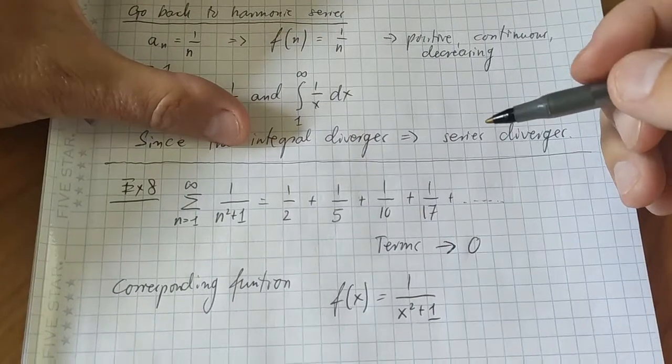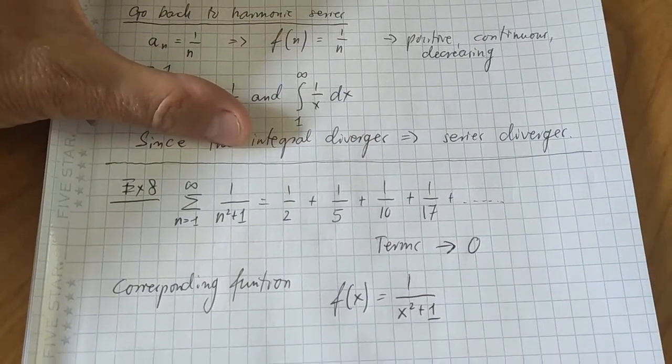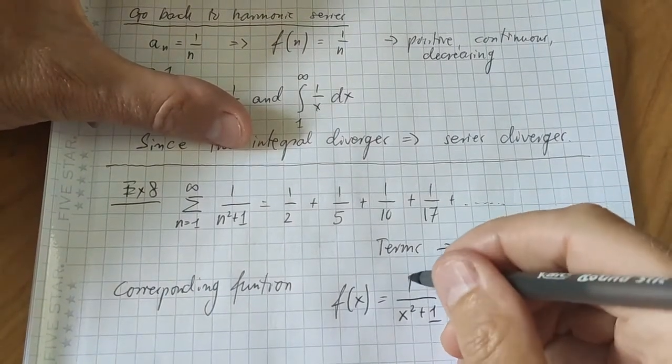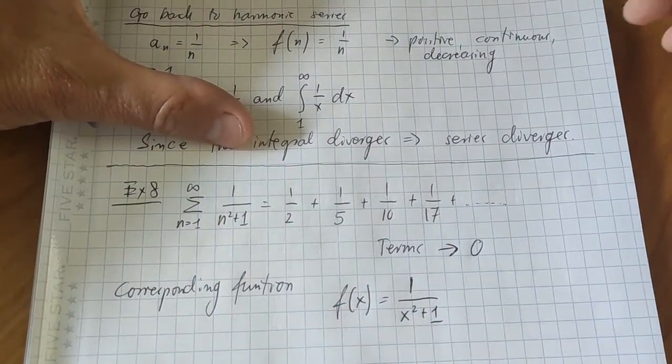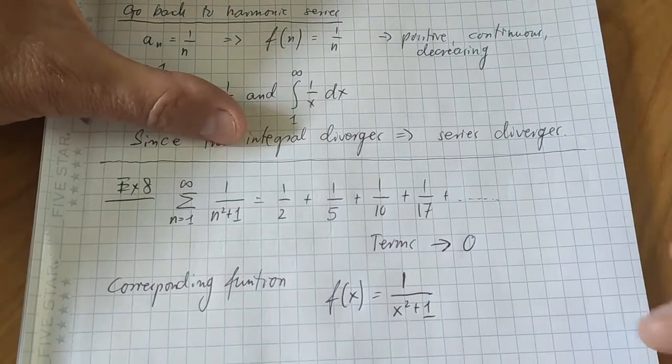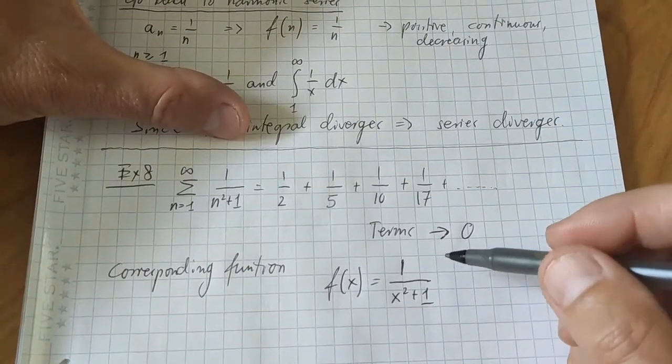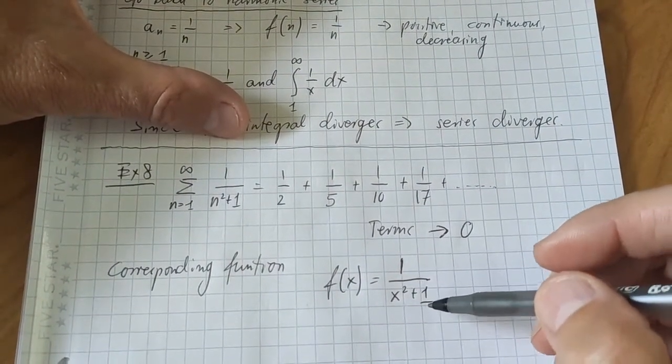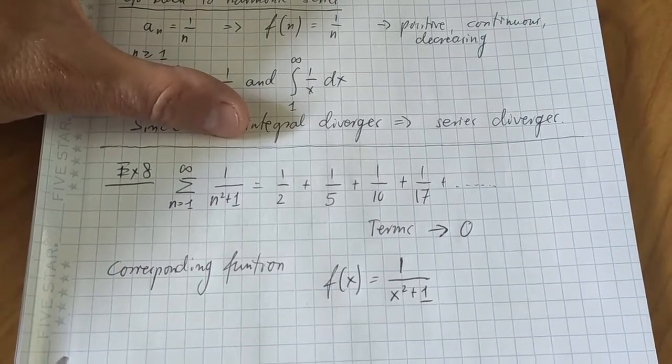It would be a good idea to graph it to see whether the function is decreasing, especially since this part sometimes is not satisfied. The function is positive for x greater or equal than 1, in fact for any x.